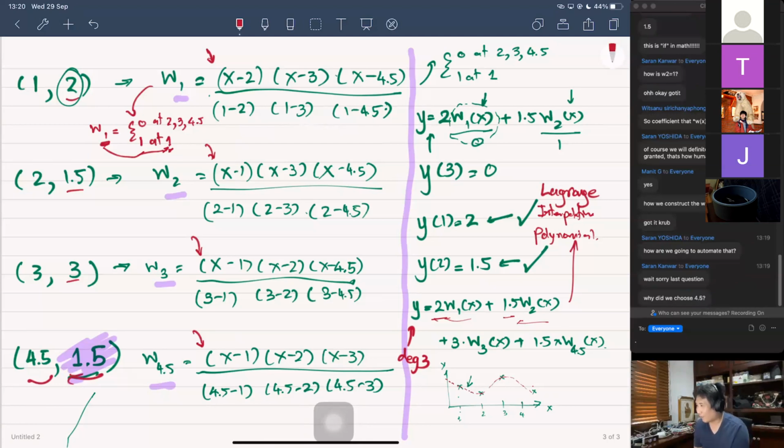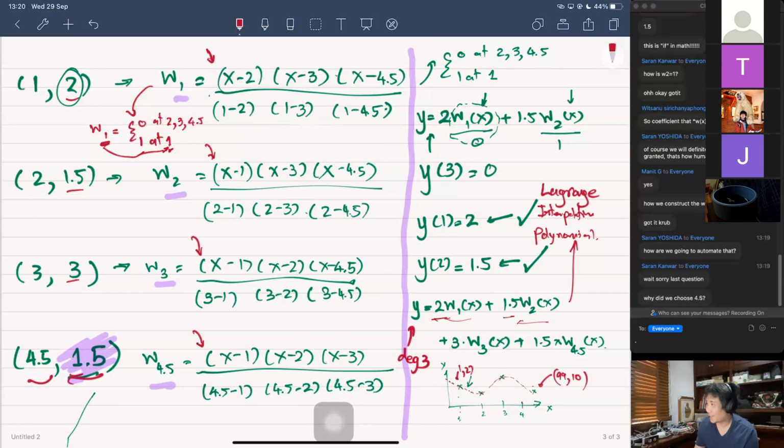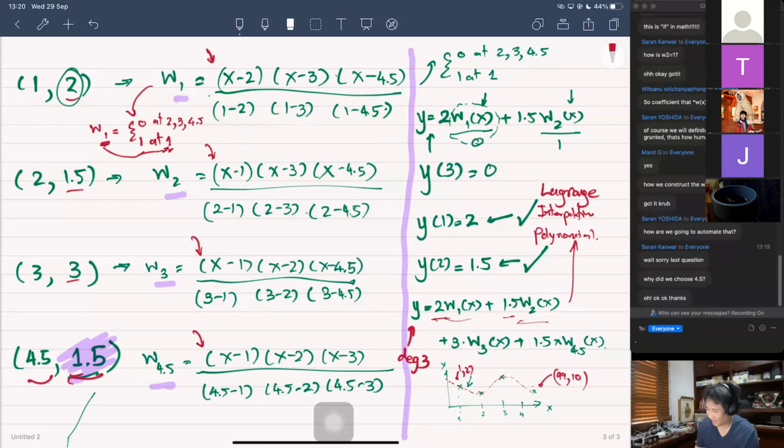That's why I chose 4.5, for you to see that the spacing doesn't have to be regular. The x and y that you are given, this could be 1 and 2. This could be, I don't know, 99 and 10, doesn't matter. It doesn't have to be 1, 2, 3, 4. It could be any numbers. That's why I use 4.5, so you don't see it as a regular grid.